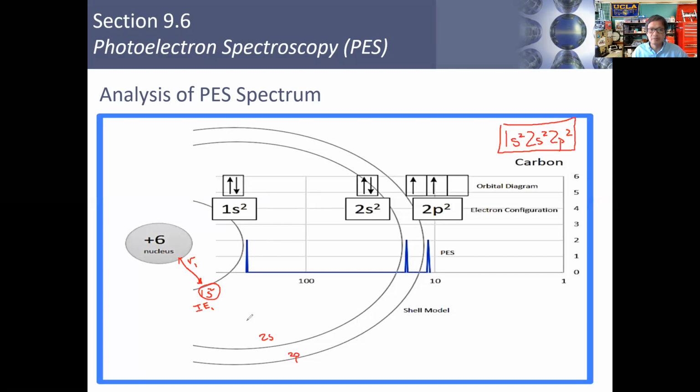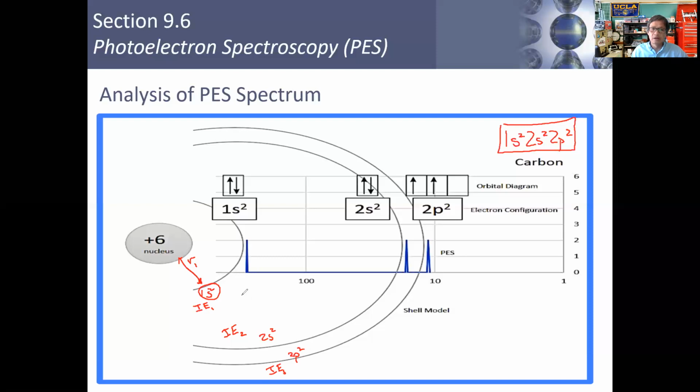And as we move out, they're moving further and further out, we can imagine the ionization energy holding these two electrons here will be less. And finally, the ionization energy way out here, for these two electrons will be even less.